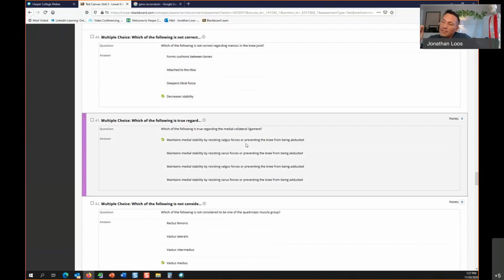So that's dealing with passive and active insufficiency. Muscles are going to be strongest when they stay in mid-range.